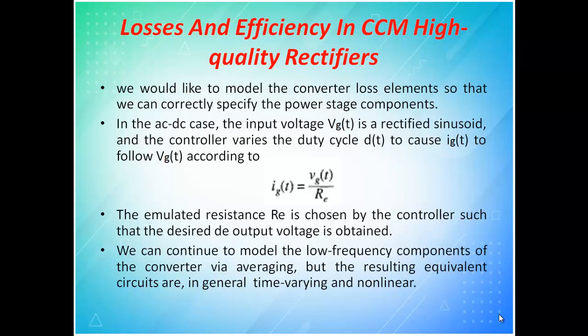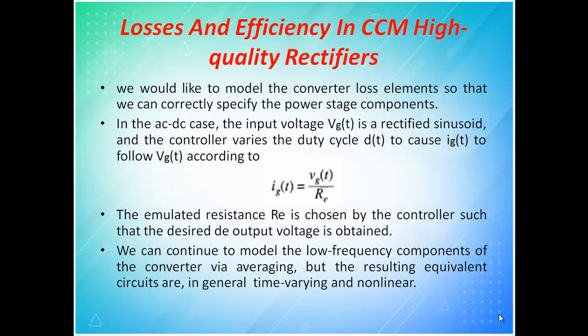This is not a normal resistance, this is called an emulated resistance. Re is chosen by the controller, and what the controller gives is only the duty ratio. So the first step in calculating losses is that you should know the duty ratio.